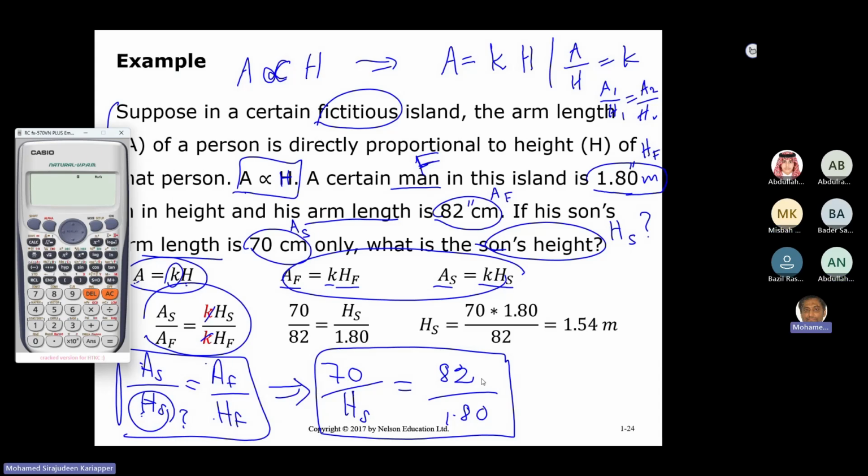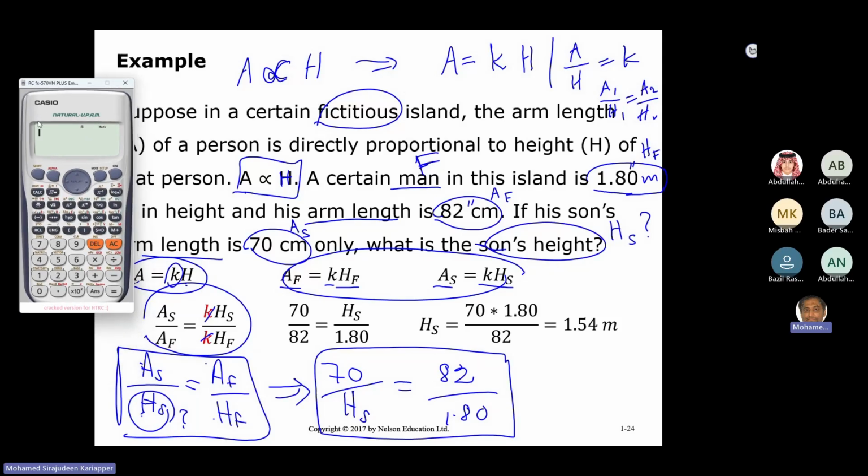Right. The reason I brought the calculator is to tell you, even if you think your algebra is not good, no need to worry. You just get the equation and write the equation in the calculator. Calculators like the Casio work in solving mode; other calculators may work in a different way.